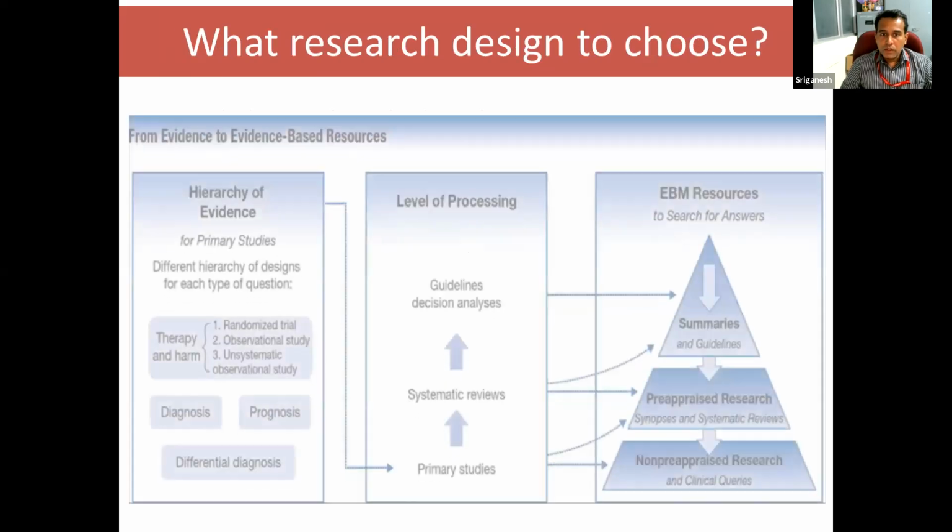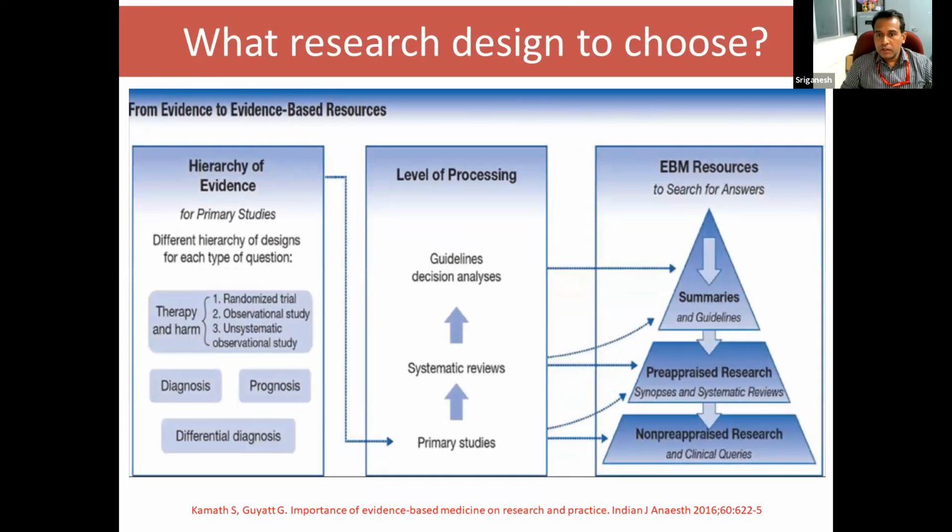The next question that comes to mind, once you decide this is the research question that I have, is to select an appropriate design to answer that particular research question. Some information is available on how to approach a research question, and most often we look at the hierarchy of evidence. If you look at this figure, the topmost in the hierarchy are the guidelines that we most often follow in our practice to have better outcomes for our patients.